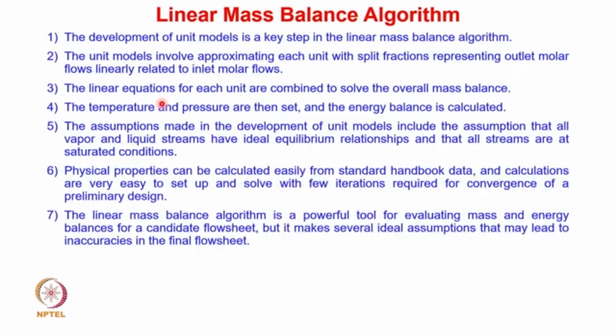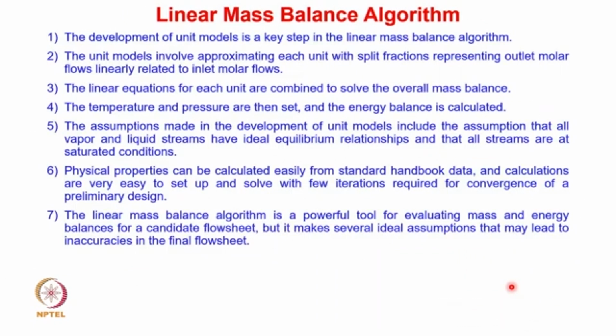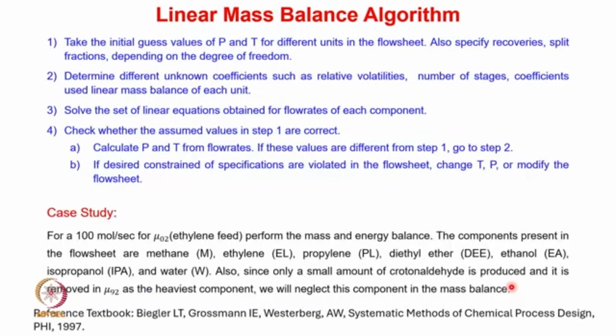When I say coefficients, these are coefficients like beta n and beta n minus 1. This type of coefficients we can find out, and then we can solve this set of linear equations and obtain the flow rates for each component.